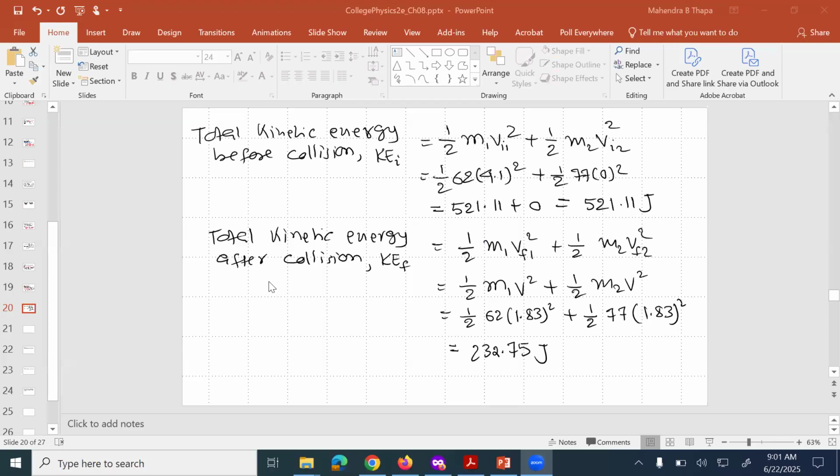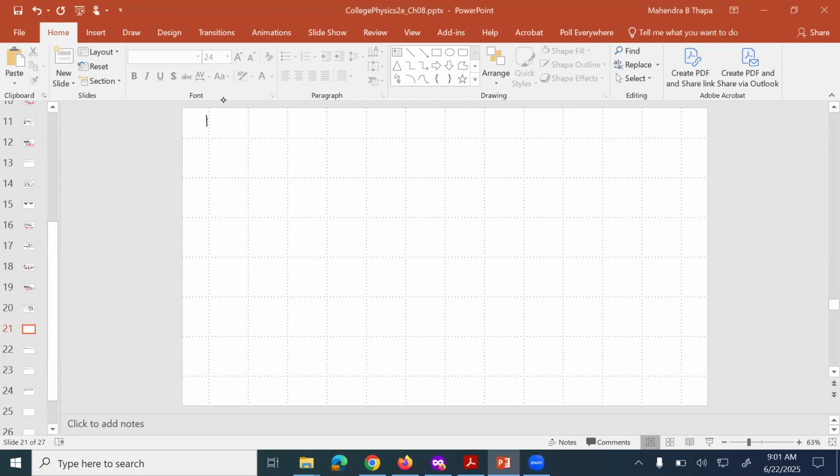Similarly, we can find total kinetic energy after collision, which is 232.75. So we can find the loss in kinetic energy. That equals kinetic energy initial minus kinetic energy final. That equals 521.11 minus 232.75.